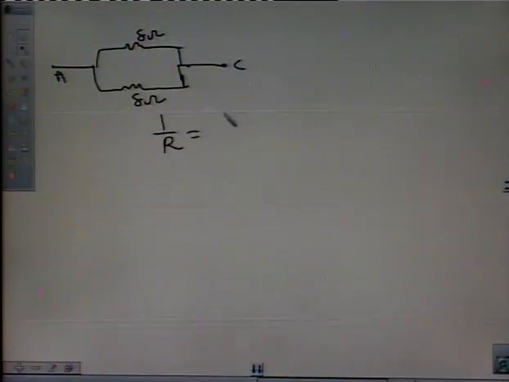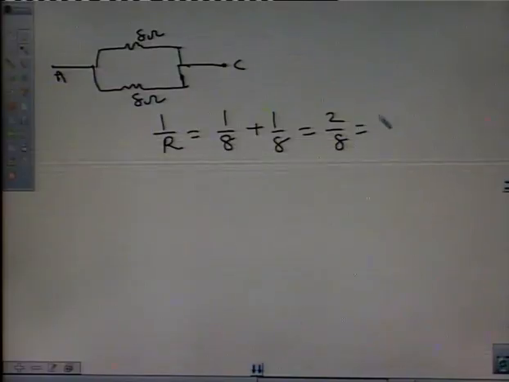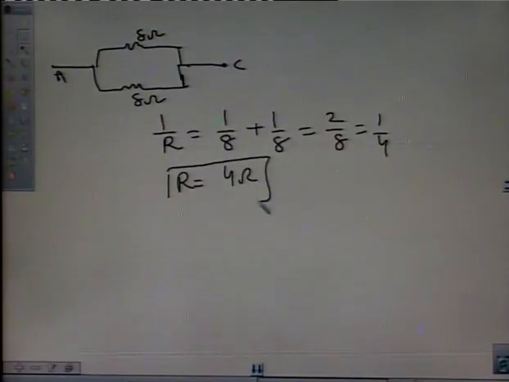So 1 upon R is the total resistance. It is equal to 1 by 8 plus 1 by 8, which is 2 by 8 or 1 by 4. So the total resistance is 4 ohm. So this is our final result.